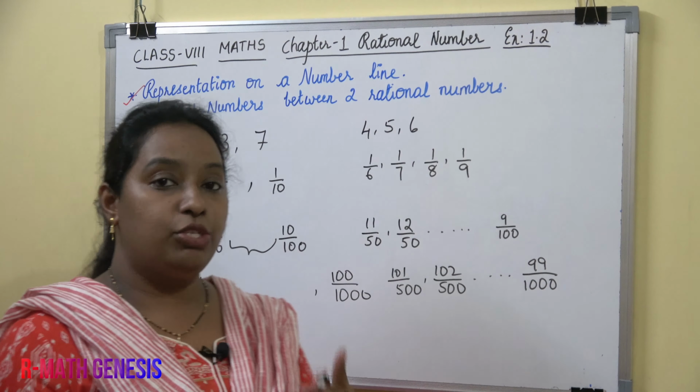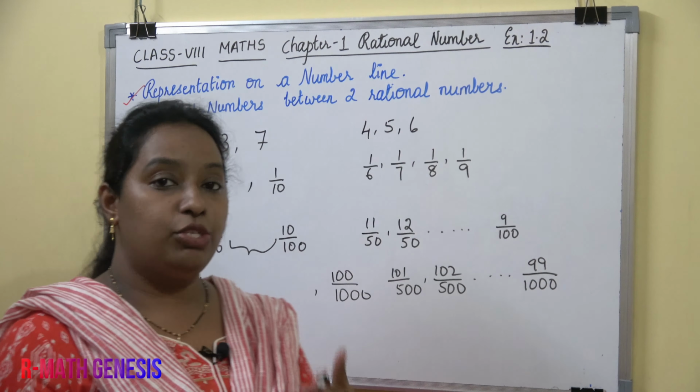To find rational numbers between two rational numbers we have two methods. The first one is using the denominator method, and the second one is using the mean method.